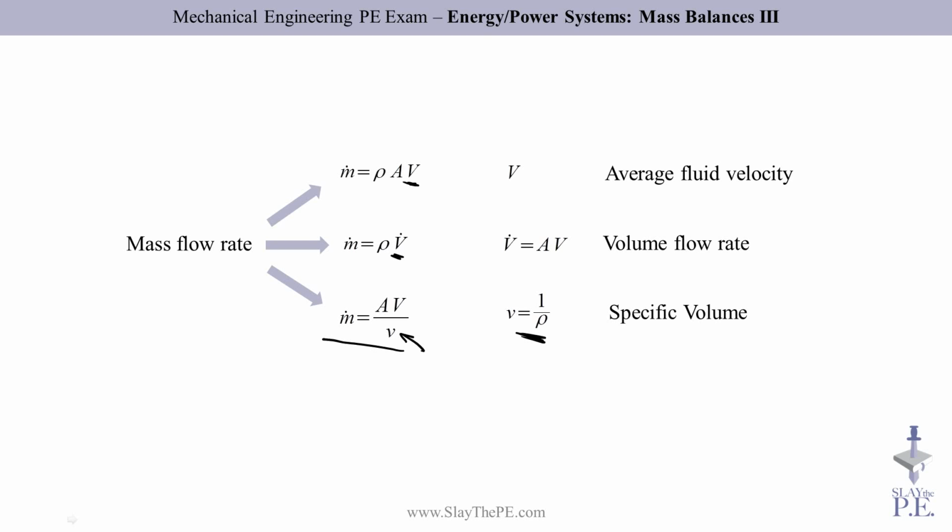The specific volume is simply the inverse of density, and you'll see it specified with units of cubic feet per pound or cubic meter per kilogram. So it gives you an idea of the volume that is occupied by a unit mass of the substance. That will come up later in the thermal discussions.